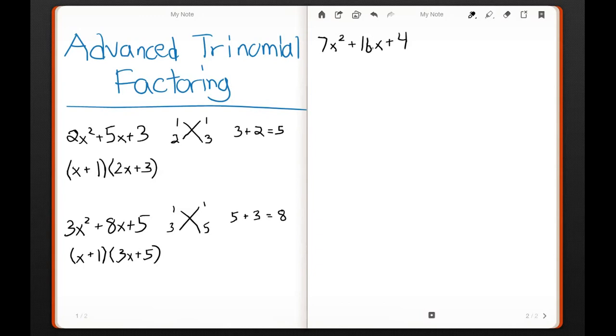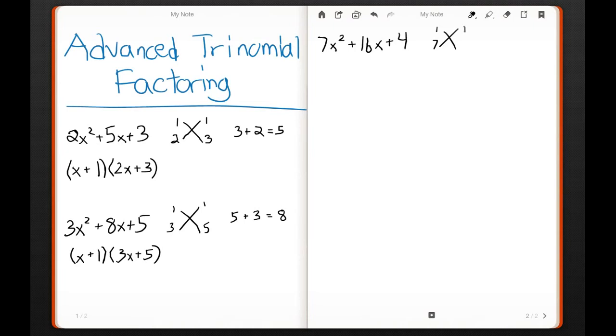Okay, so draw the x. Factors of 7 are 1 and 7. Now here's what gets a little more tricky. There are two possible factors of 4: either 1 and 4 multiply to 4, or 2 times 2 multiplies to 4. So what we have to do is try them both and see which one is correct.